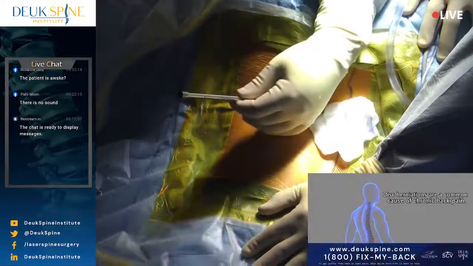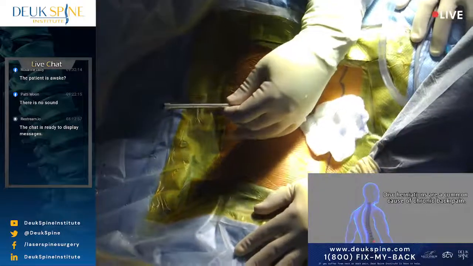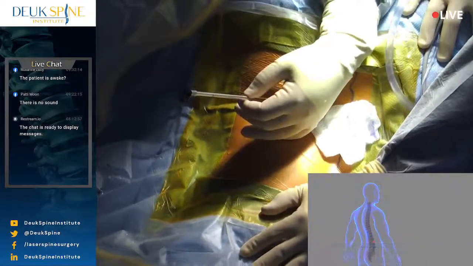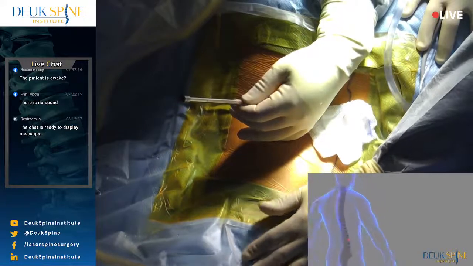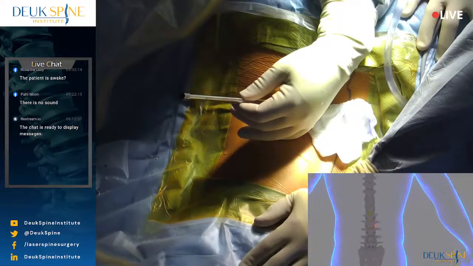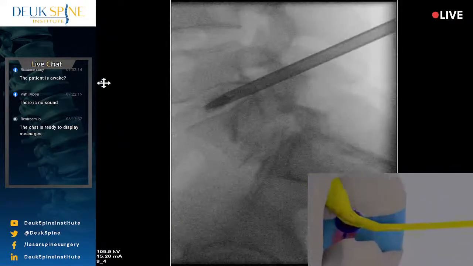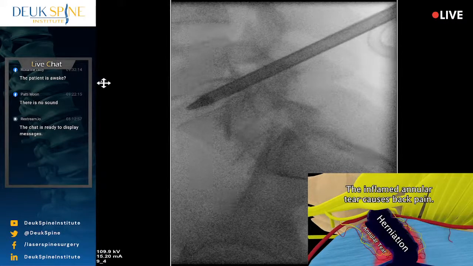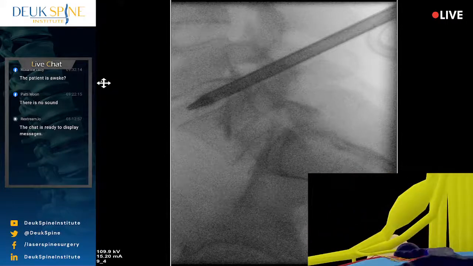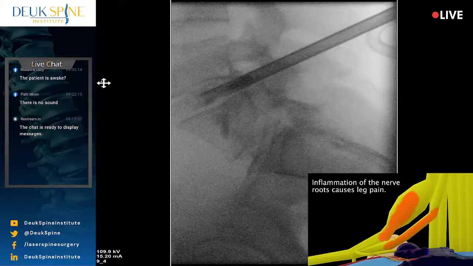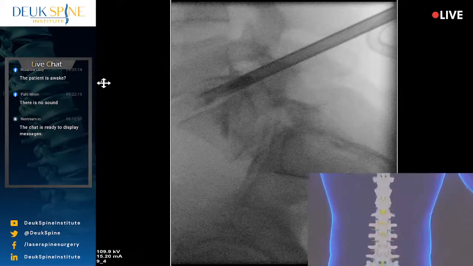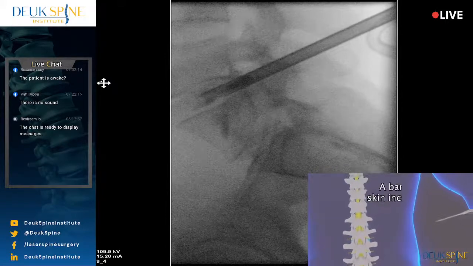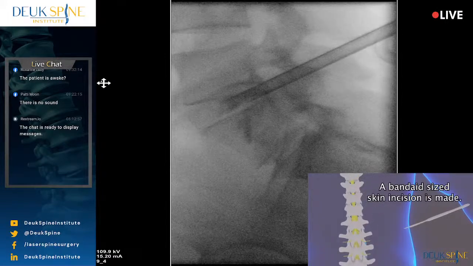Disc herniations are a common cause of chronic back pain. The inflamed annular tear causes back pain. Inflammation of the nerve roots causes leg pain. A Band-Aid-sized skin incision is made.